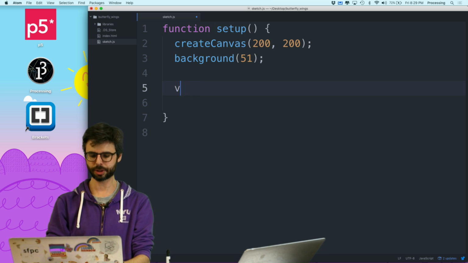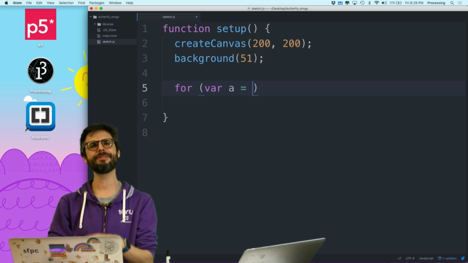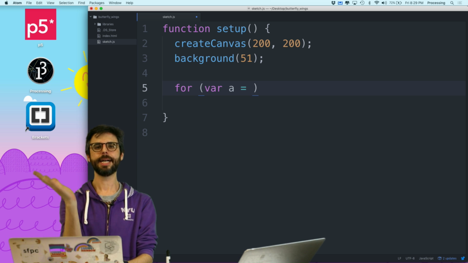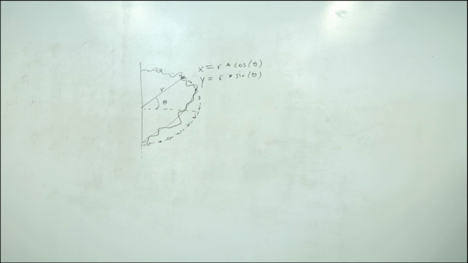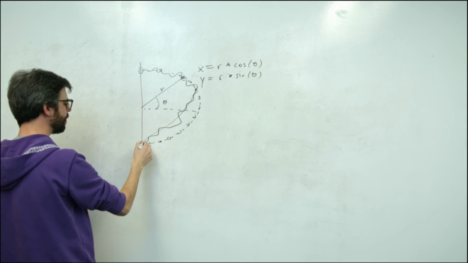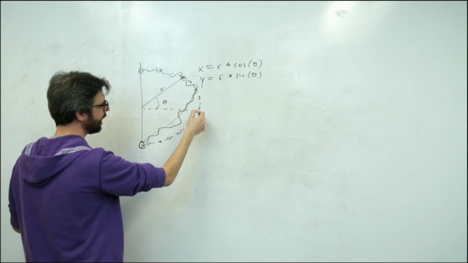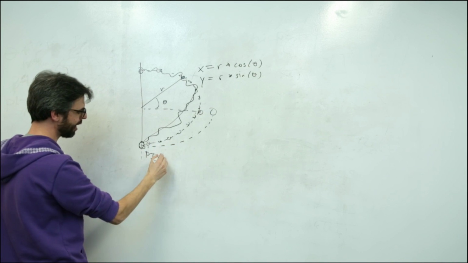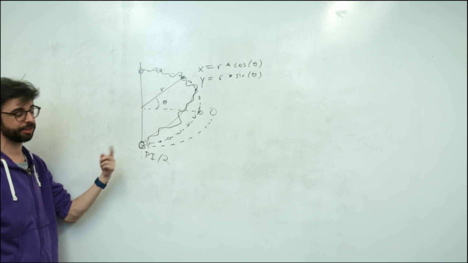I'm going to do a for loop, and I'm going to use a for angle. This is a little bit tricky, because if I want to go from up here to down here, or from down here to up here, typically this would be 0, and this would be pi divided by 2, or radians of 90 degrees.